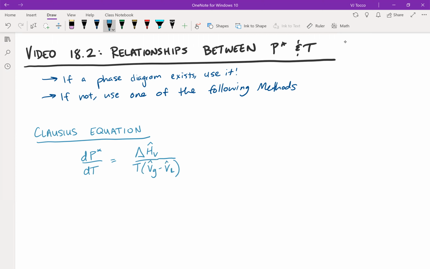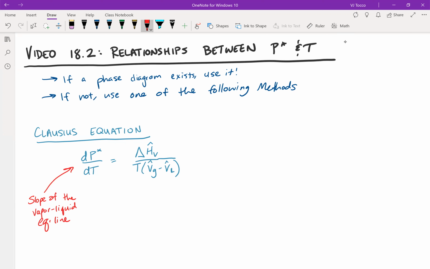Now, there are a few unfamiliar terms in this equation, so I'm going to break this down. Once again, you may in a future class learn where this is coming from, but for now, we're just going to use it as a relationship between P star and T. I like to think of dP star dT as the slope of the vapor-liquid equilibrium line from the phase diagram.